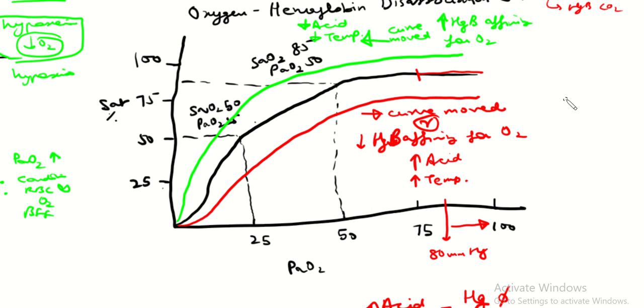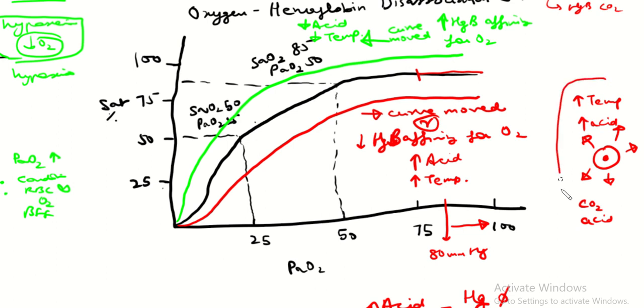Now, what if I increase the temperature and increase the acid in the body? In your tissue, because your muscles are working, it's generating energy, and that's the source of CO2 and all the other acids, lactic acid, fatty acids.